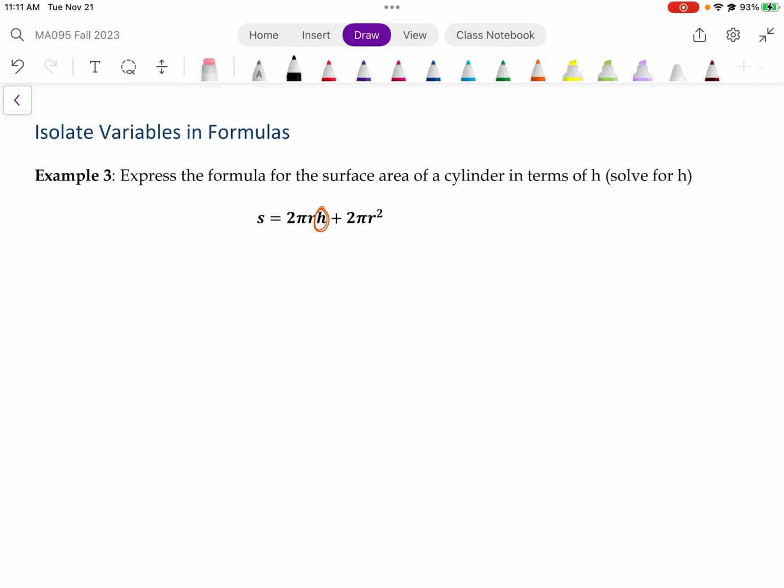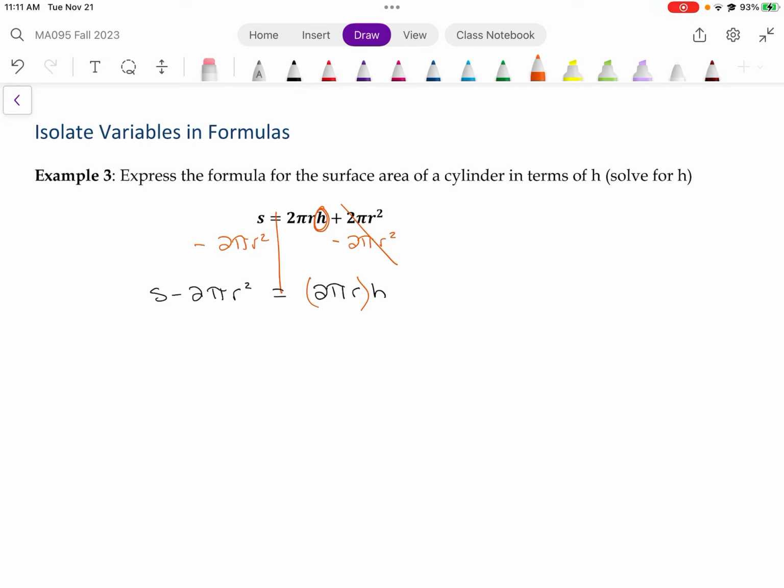Well, the first thing you want to do is deal with the pluses and minuses. So you're going to say minus 2 pi r squared, minus 2 pi r squared. And it's going to cancel here. And I get s minus 2 pi r squared equals, what do I have left on the right? Well, I've got 2 pi r times h. I'm going to put parentheses around the 2 pi r, which I can do because it's all just multiplied. I can put parentheses anywhere I want, do it in any order.